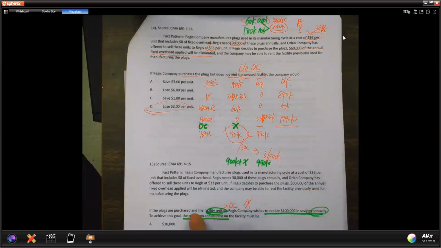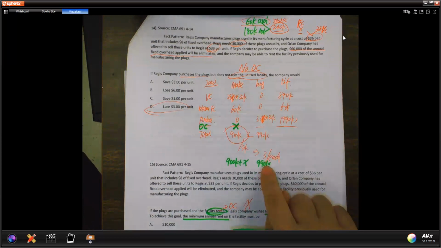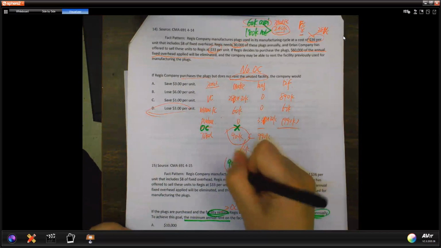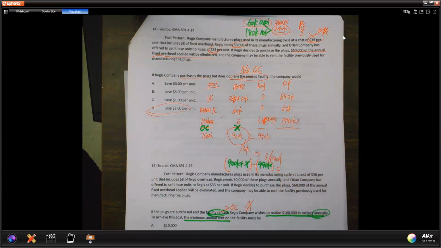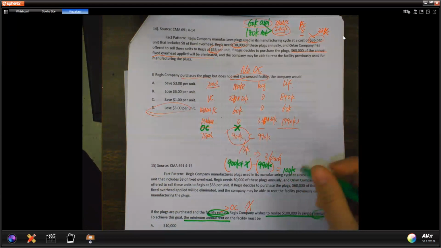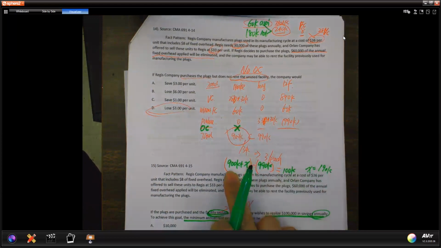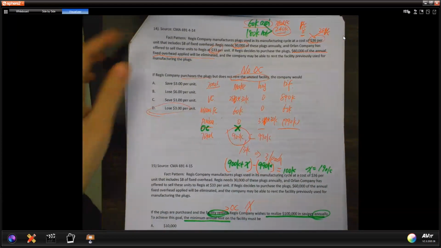You want to buy and rent out and get 100,000 saving, which means your buy cost should be 100,000 lower. So your total cost of make minus total cost of buy should be 100,000. If you do the math, you should find that X is 190,000. You put it there and the equation will be solved. X is 190,000.